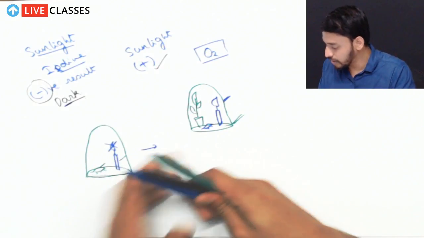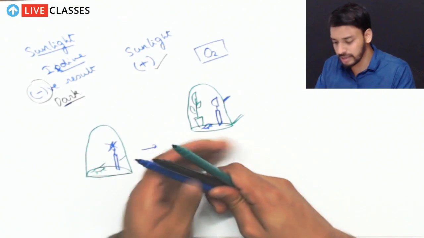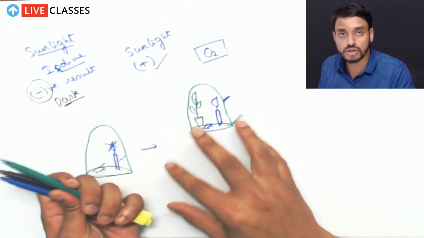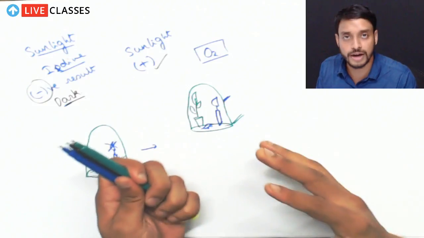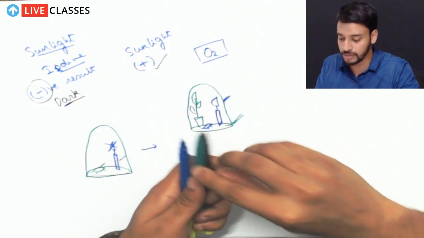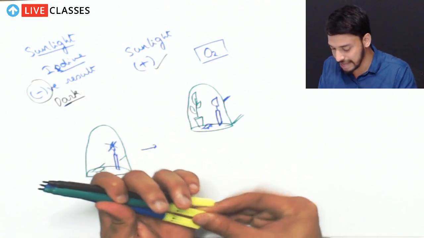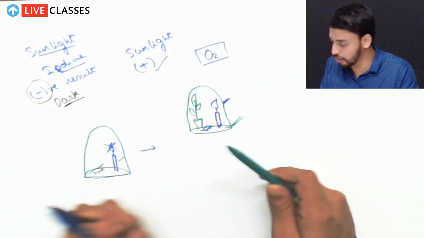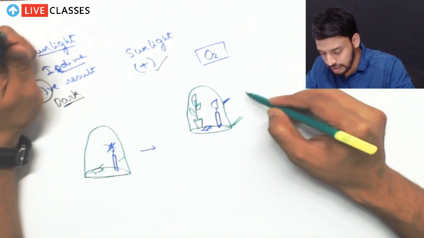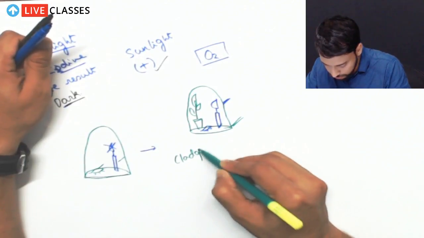Let's move on. Now, certain scientists advanced these types of experiments based on the conclusions of the experiments we have discussed so far. One of the scientists was T.W. Engelmann. What he did was, he used Cladophora.